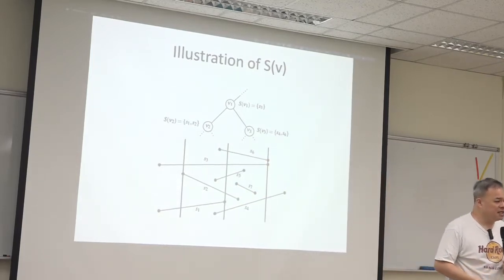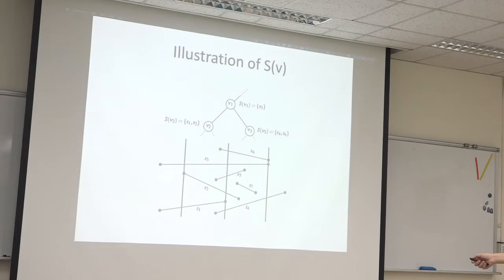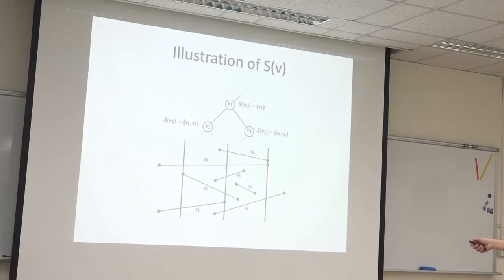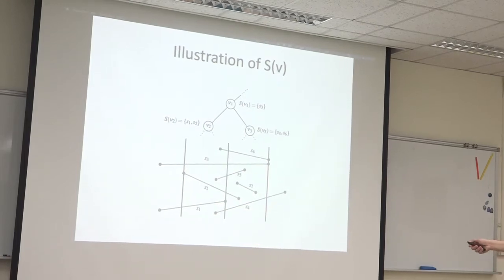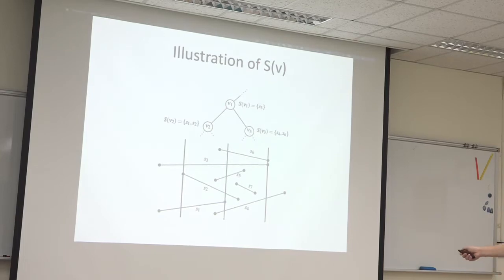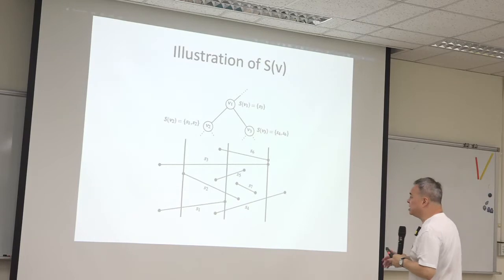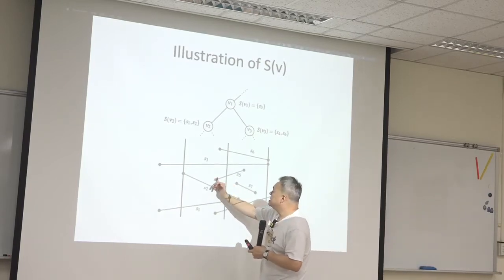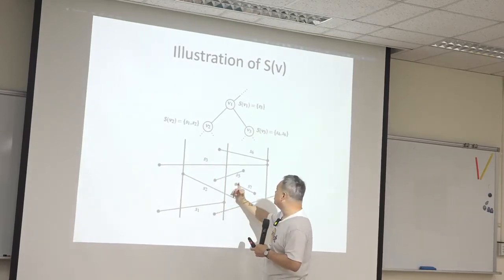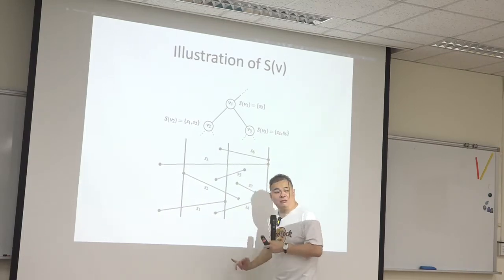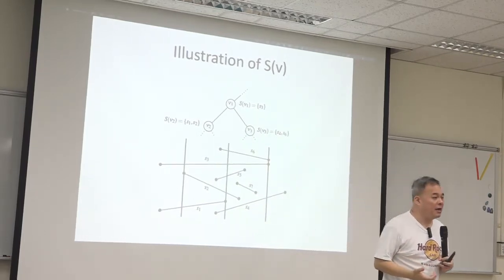So you can see the concept that we use here is pretty much the same as the segment tree. But we didn't really draw the whole thing, because if you draw the whole thing, obviously this needs to be extended, because we need to consider all the endpoints.